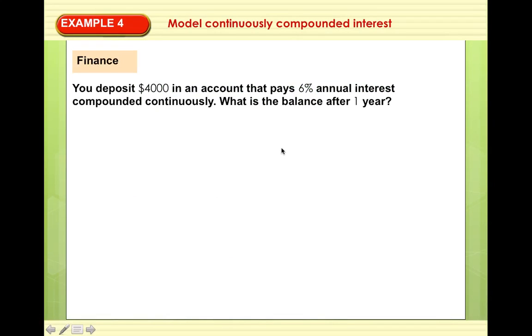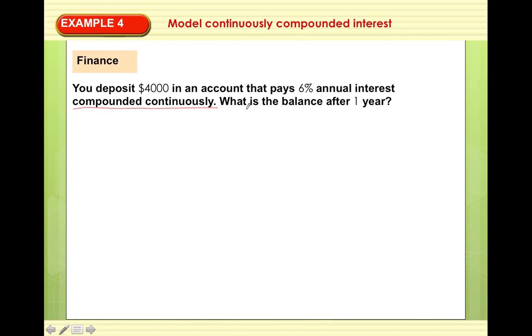So if I have a problem like this that says that you deposit $4,000 in an account that pays 6% annual interest compounded continuously, you have to find that phrase in your problem in order to use this continuous compounding equation. If you don't see that, then you're back to what we were doing in Objective 8.2.